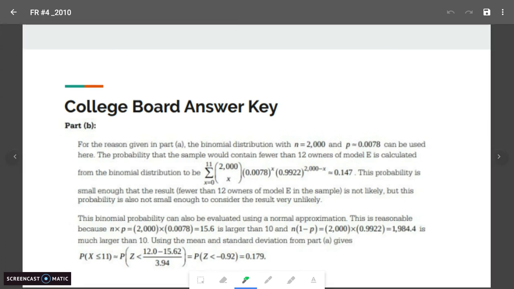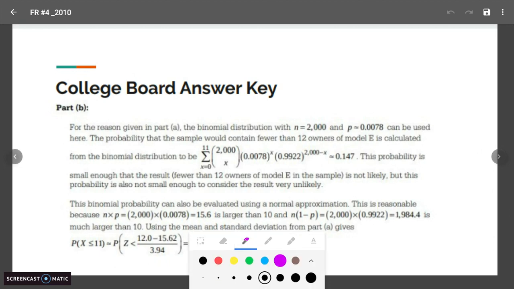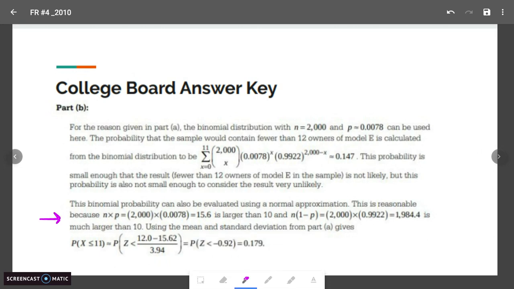For part B, there were a couple of different things you could have done. A lot of you I saw related it back to a normal calculation, which is great, and that would be this part down in the bottom here. The binomial probability can be used, and you can use a normal approximation because the sample is large enough.